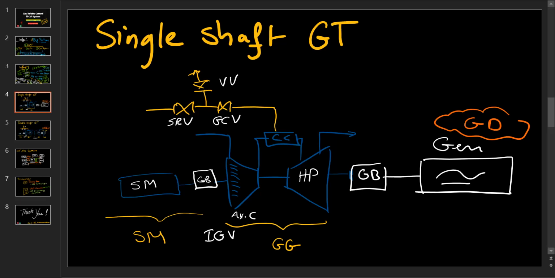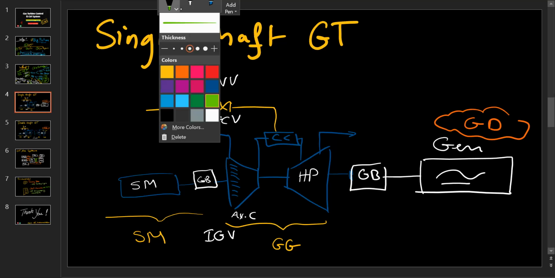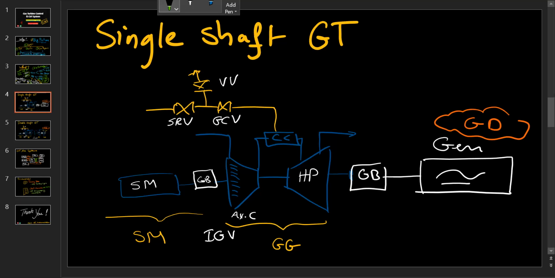Now, let's dive deeper and remember key terms to be used in gas turbines. Remember that we said that we can find what we call starting means, okay, and a GG, a gas generator, okay. A gas generator is composed of an axial compressor and a high pressure turbine. Remember that the axial compressor is used to compress the air coming from the atmosphere.